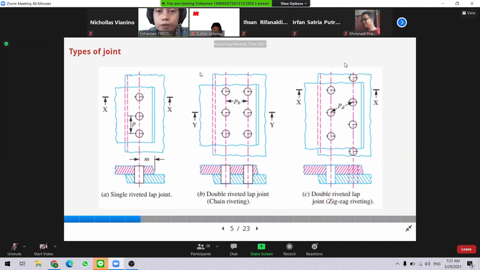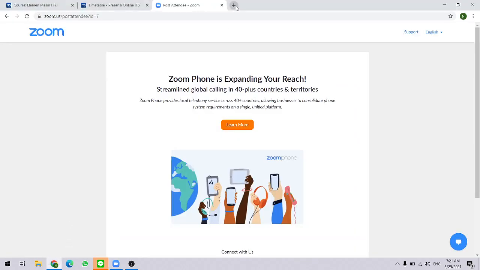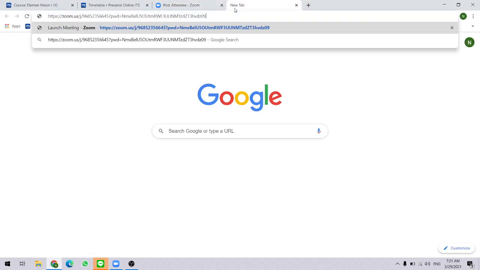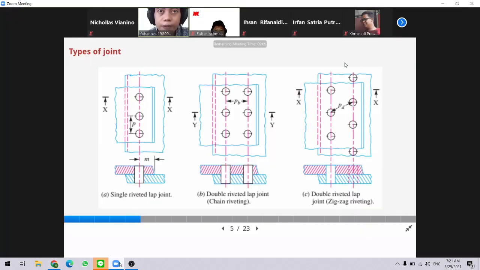Okay, so how we learn to design the rivet joint. First, we have to know that there are many types of rivet joint, and here we have 3 examples of rivet joint.